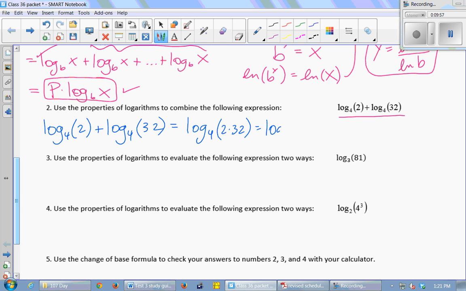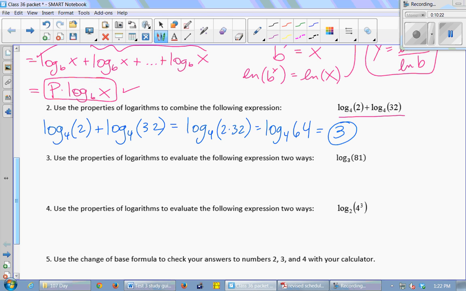which is log base 4 of 64, which would be what? An alternative way of saying what is log base 4 of 64 is asking yourself 4 to what power is 64? The third. Yeah. 4 to the third power is 64.